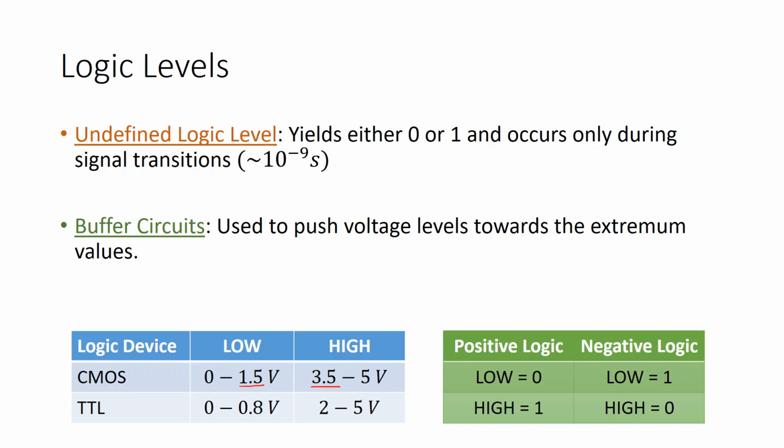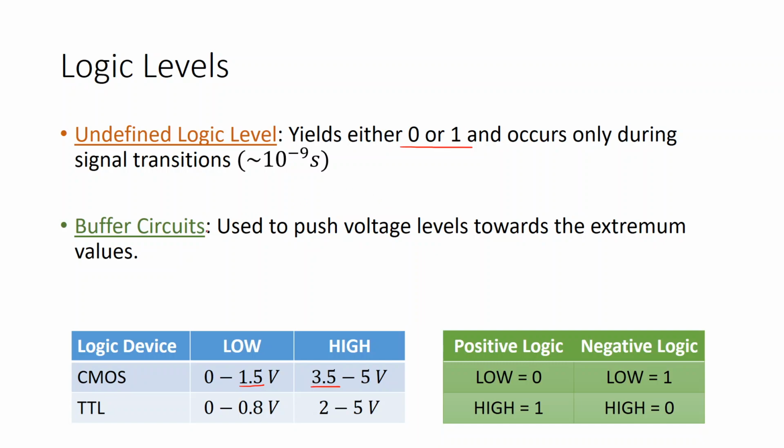However, the transition time is very negligible, in the order of 10 to the power of -9 seconds, so we can ignore that. This confusion whether it is 0 or 1 can be ignored for most practical purposes.